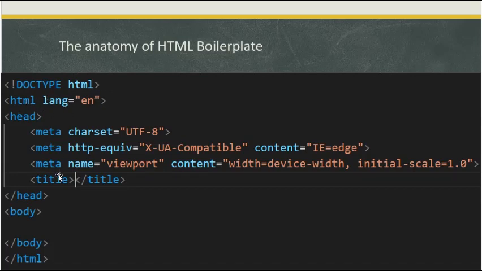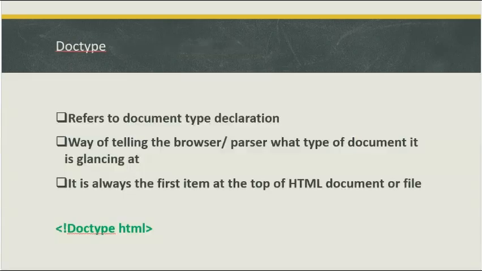We have the head, and we have the meta tags, we have the title, the body, and inside here, that's where we write the contents of a web page. So this is the example of HTML boilerplate, and we're going to see it live in Visual Studio Code. So let us explain each part of this boilerplate so that you understand what it does in the document and why we need it.